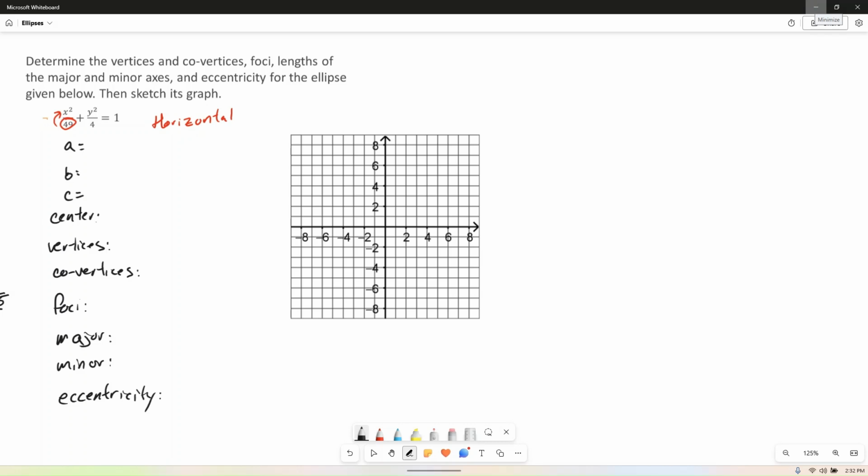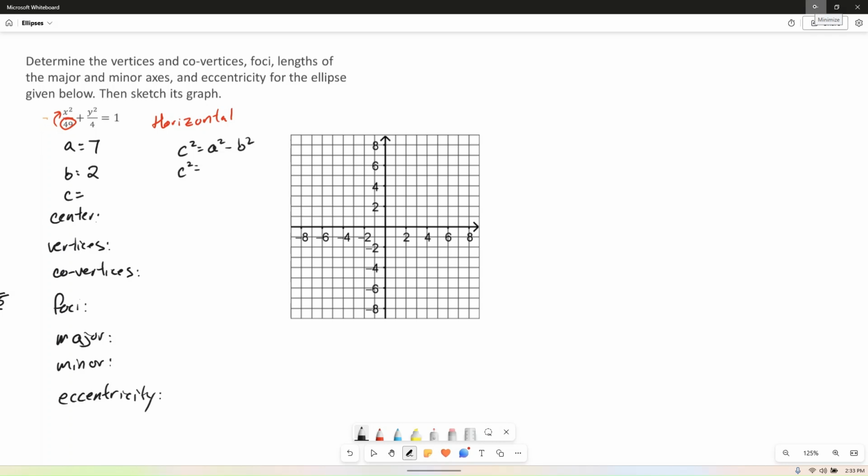So A is the bigger number. A squared has to be 49, which means A is 7. B squared has to be 4, which means B is 2. How do we find C? The same way: C squared equals A squared minus B squared.